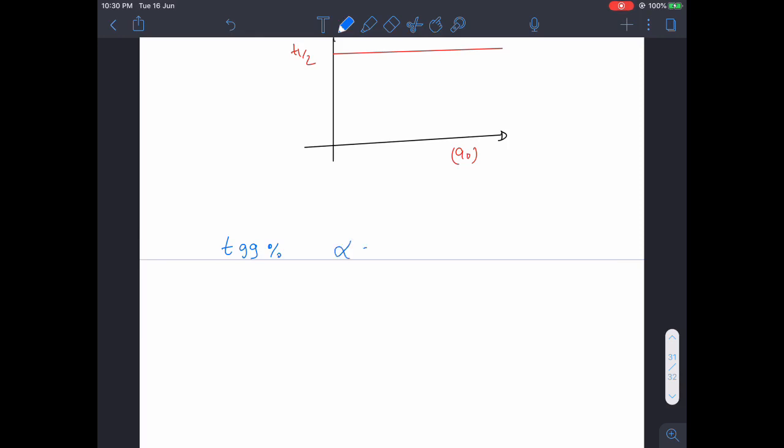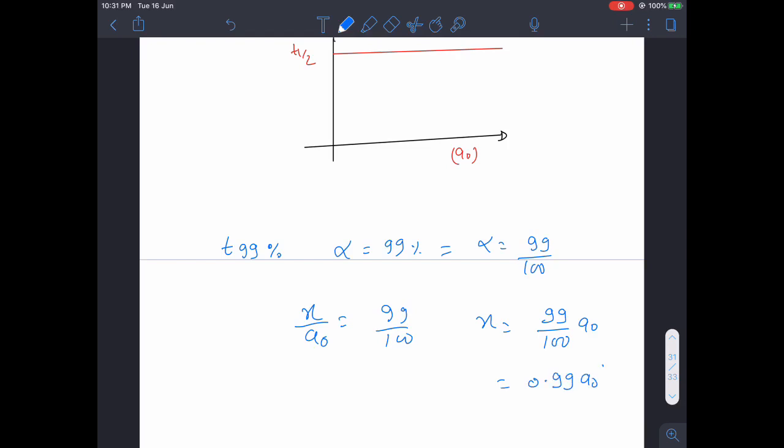When alpha became 99%, that means alpha is simply 99 by 100. So from here, can I say that degree of dissociation is x upon a naught, that is becoming 99 by 100, x becoming 99 by 100 a naught, so that is 0.99 a naught.